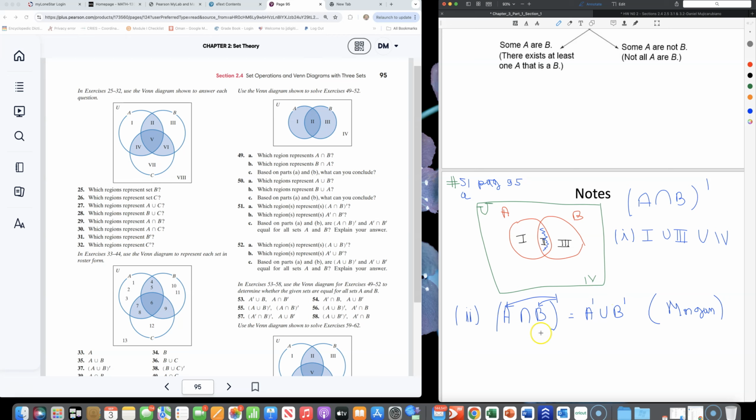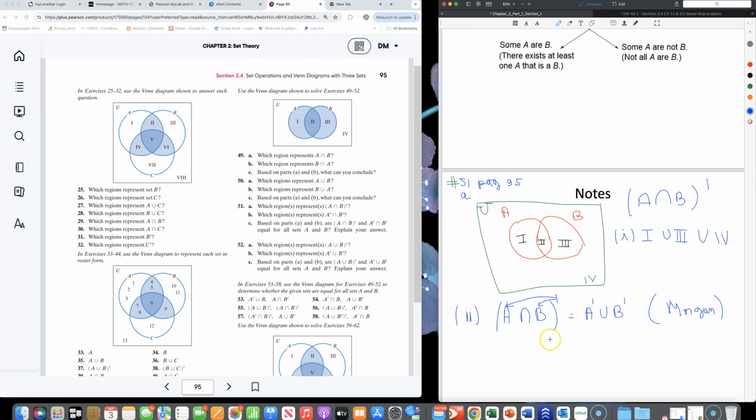So let's take a look at the union of the complements. What is A complement? Let me erase this for the moment. Let me use red to redraw this one here, and then I'm going to use black to write down region number 2 again. Now I'm going to use blue.